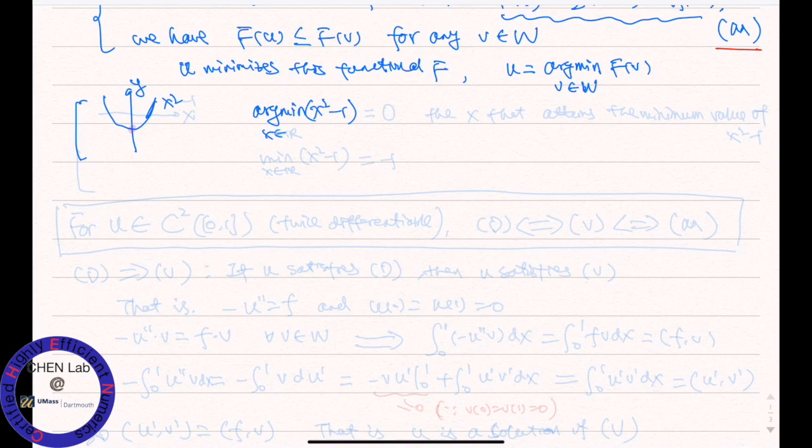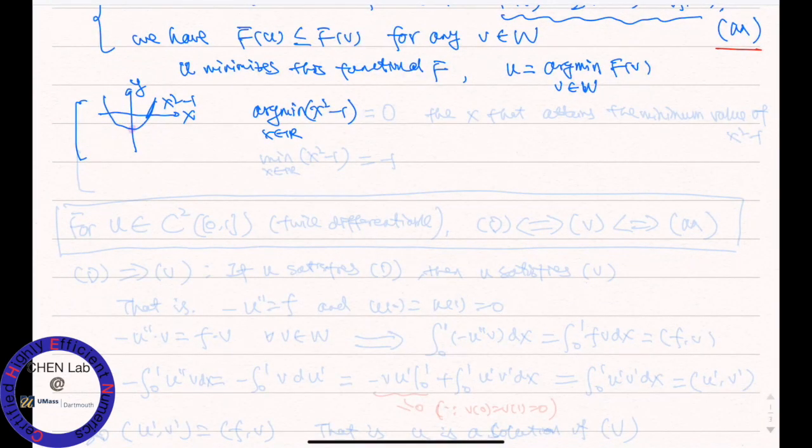We go through all the x. So the argmin means the location of the number x that minimizes this function.